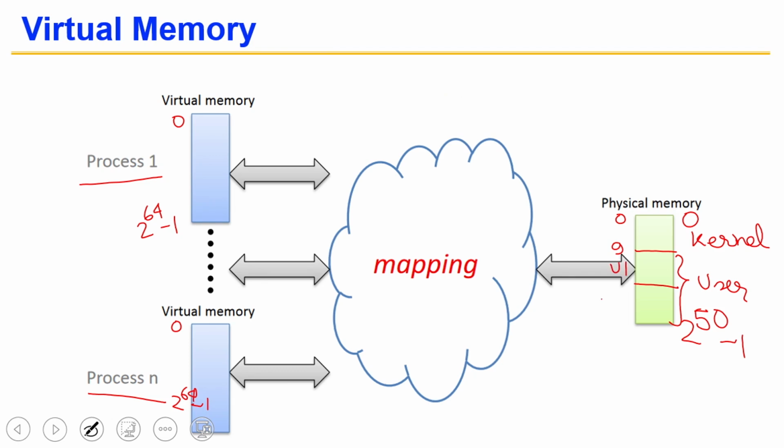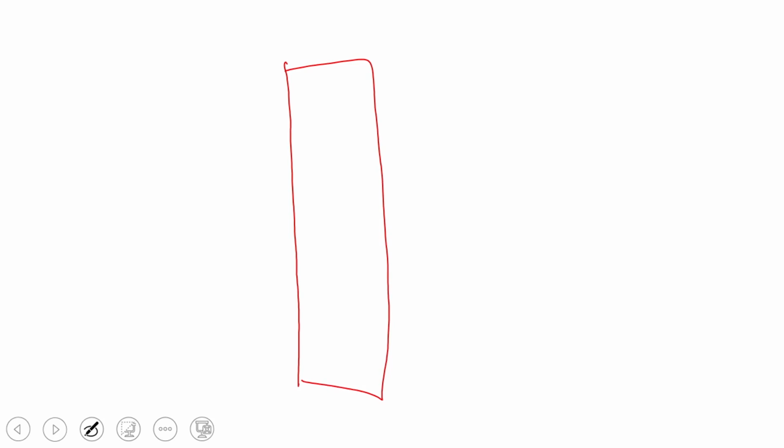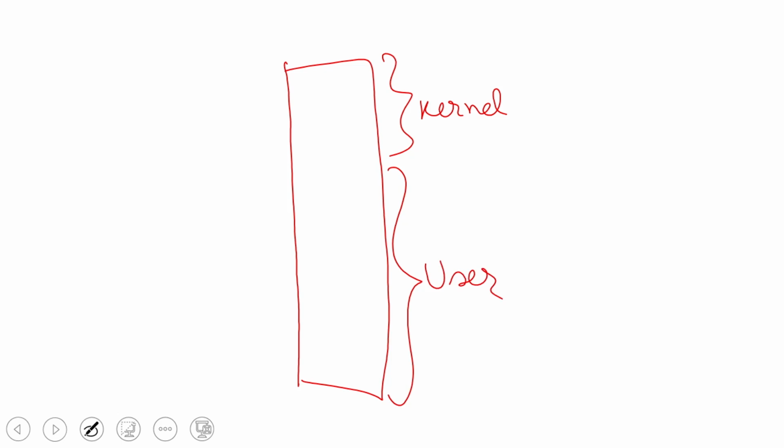Let me do this on a bigger screen. So, this is your physical memory, and I am dividing it into two parts. This is the kernel part or operating system part, the super user part, whichever you know. This is the user space, and in the user space there could be multiple users. Just for simplicity, let us assume there are two users.